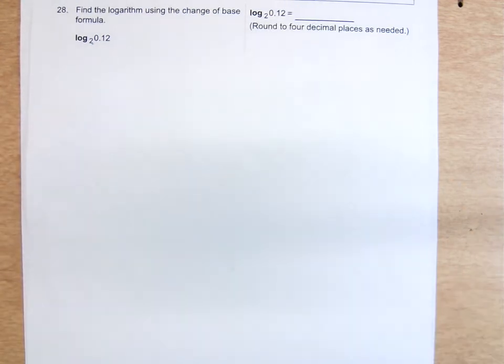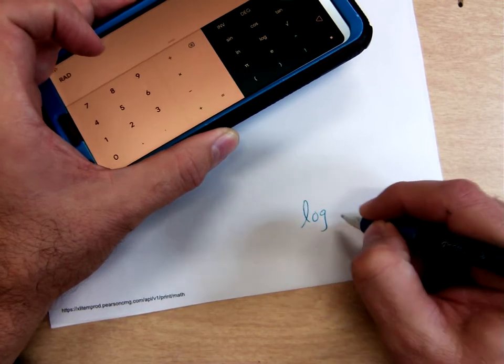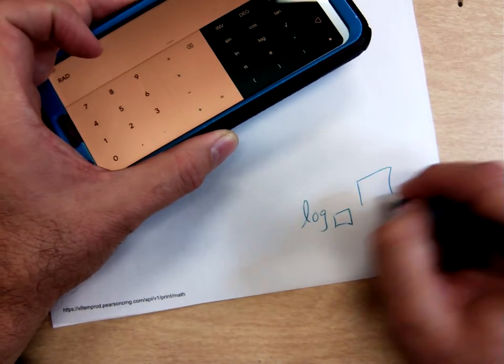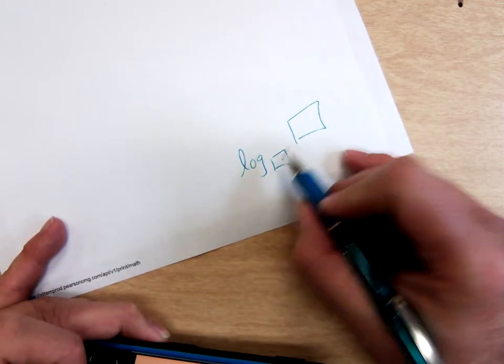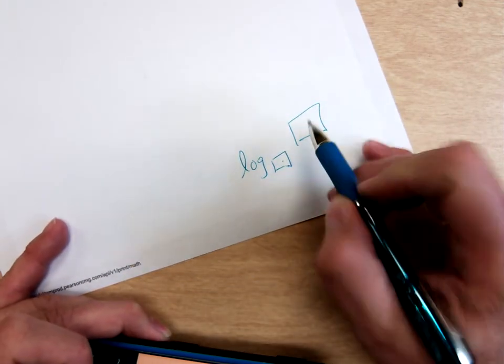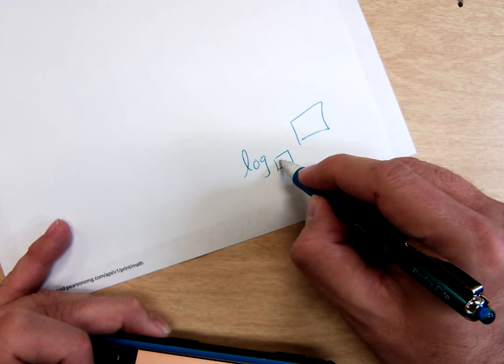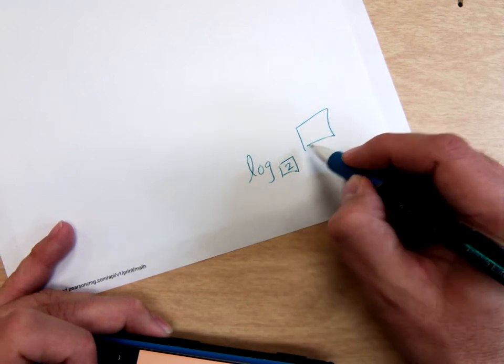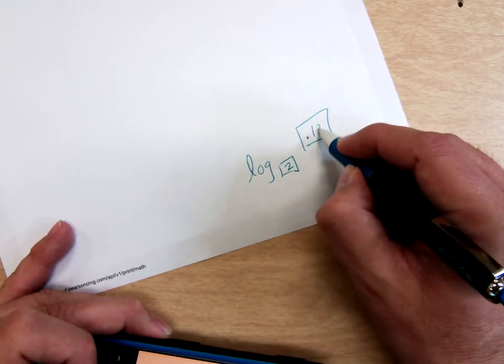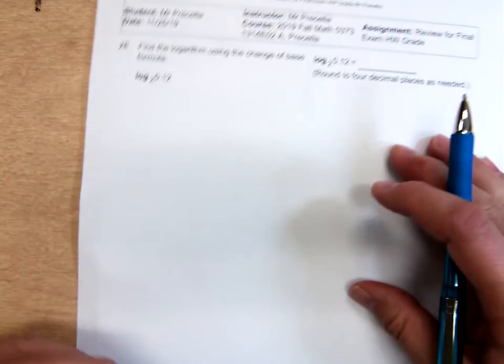So some of you have calculators that have a little key that looks like this. Log, and you can put in the base here and the number. If you have a calculator that does that, then put in a 2 for the base and a 0.12 right there. You don't need the change of base formula for this one.